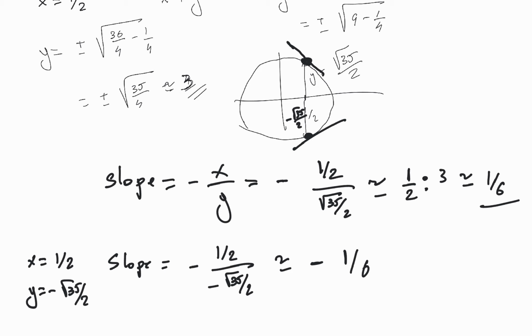It's true: the slope here is positive with a value of 1/6, while the slope at the other point is negative with the value of minus 1/6. Am I correct? I'm sorry, minus 1/6. So let's go to the next problem.